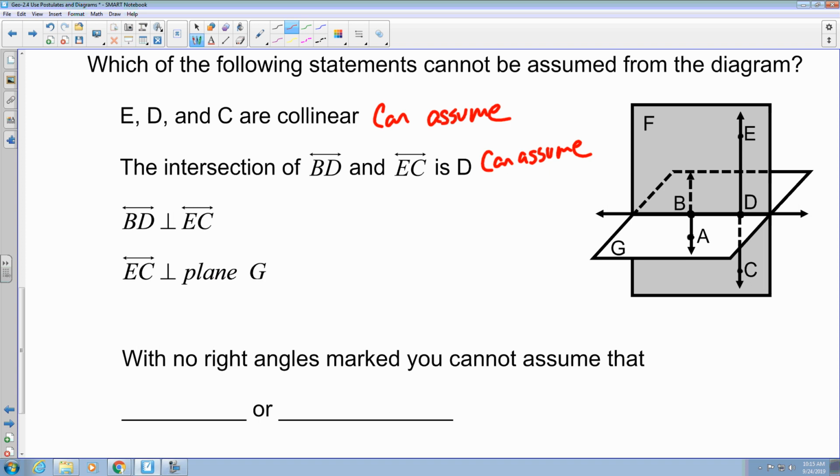Here they're saying BD, which is right here, is perpendicular to EC. Now, in this particular instance, there is no 90-degree angle represented or anything that says 90 degrees. So in this case, I cannot assume that.